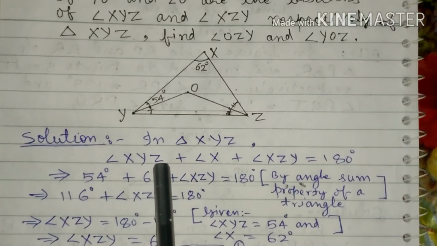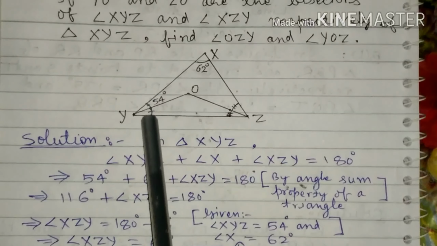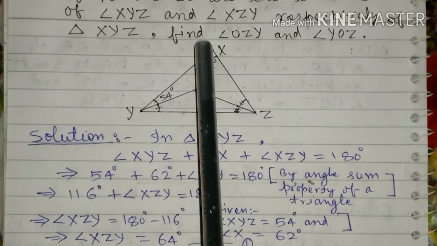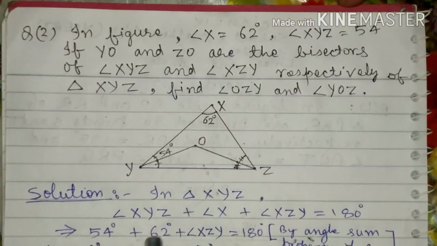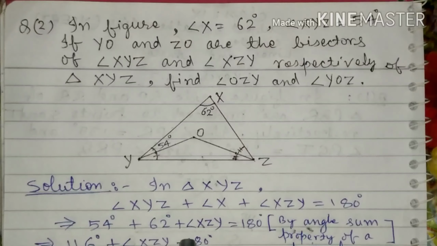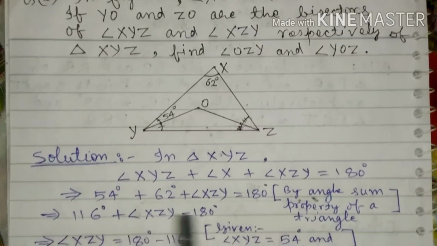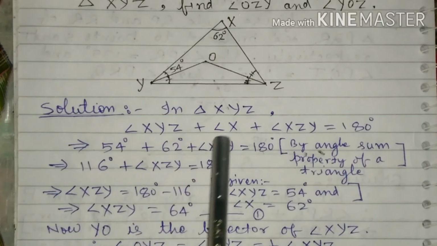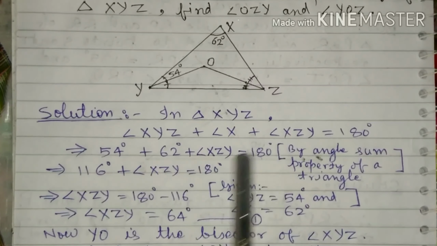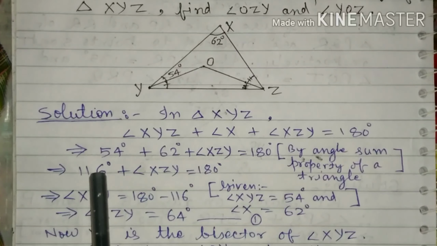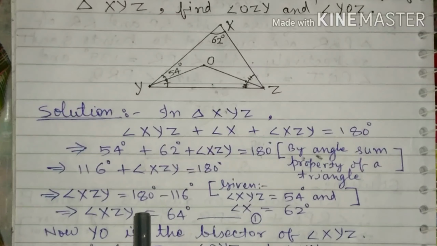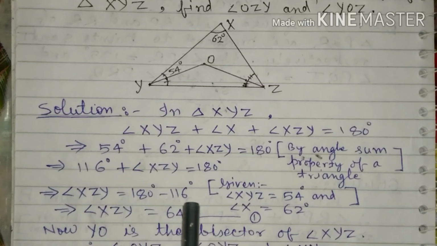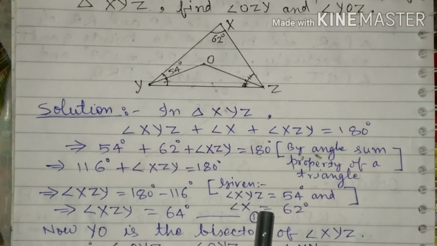Angle XYZ is equal to 54 degrees, given in the question, and angle X is given as 62 degrees, we put here, and we write angle XZY the same, 180 degrees the same. The sum of these two angles is equal to 116 degrees. Therefore, angle XZY is equal to 180 minus 116, and this is equal to 64 degrees. We consider this as equation 1.